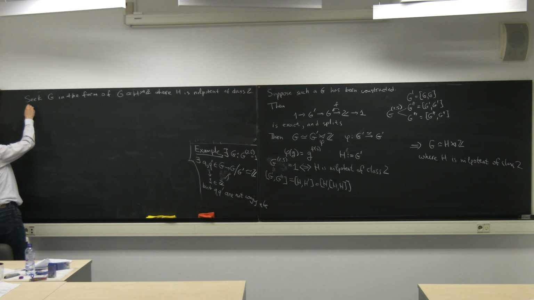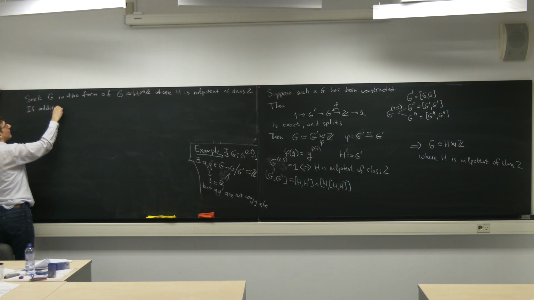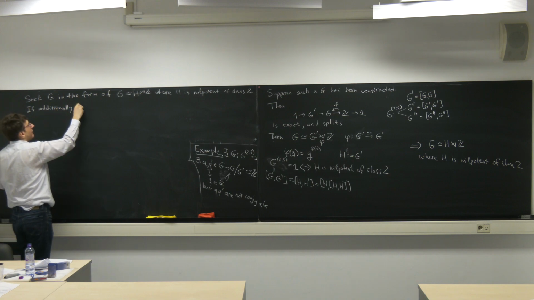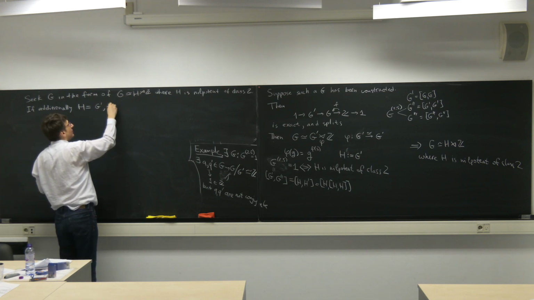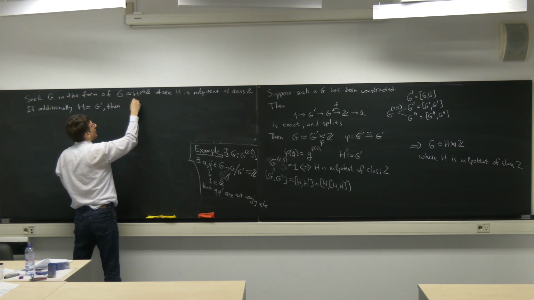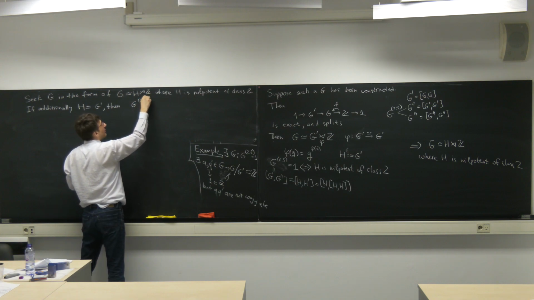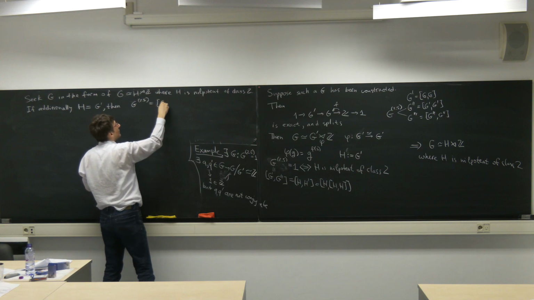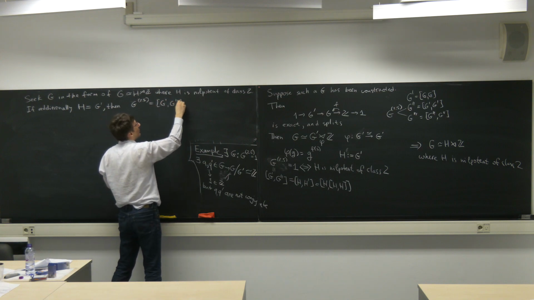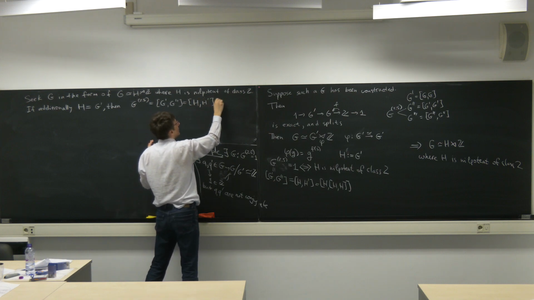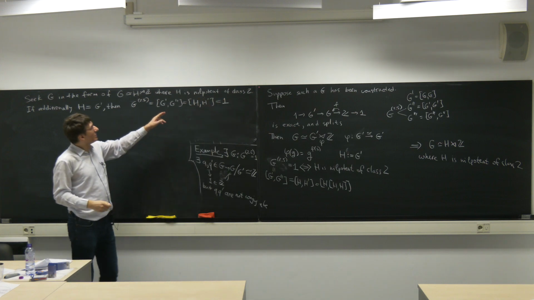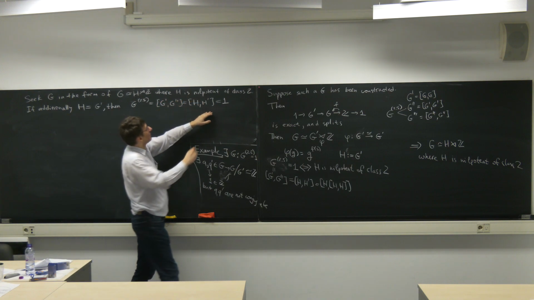So let me say it. If additionally H is the commutator subgroup of G, then we have G 2.5 equals G prime prime equals H prime equals 1, because H is nilpotent of class 2.